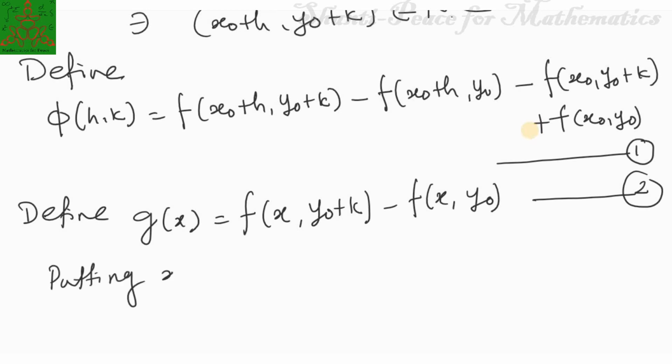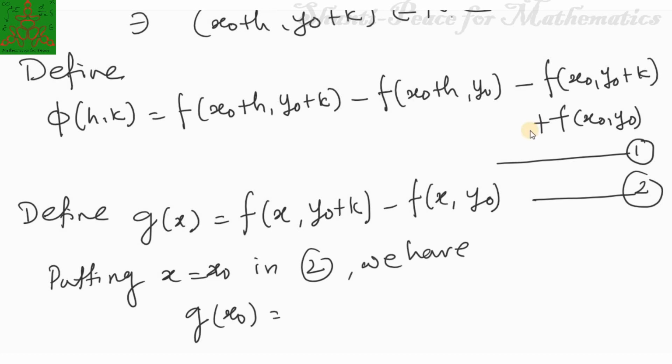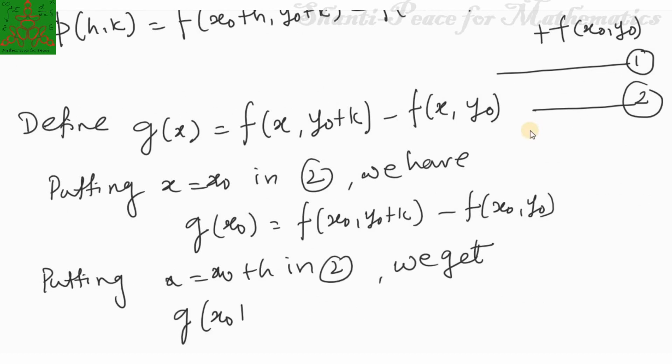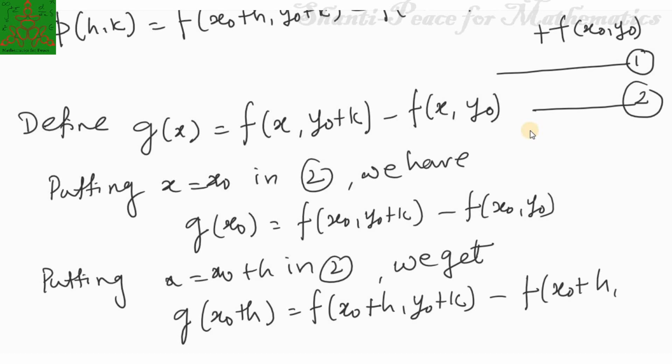Putting x equal to x0 in 2, we have g(x0) equal to f(x0, y0 + k) minus f(x0, y0). And if you put x equal to x0 + h, we get g(x0 + h) equal to f(x0 + h, y0 + k) minus f(x0 + h, y0).